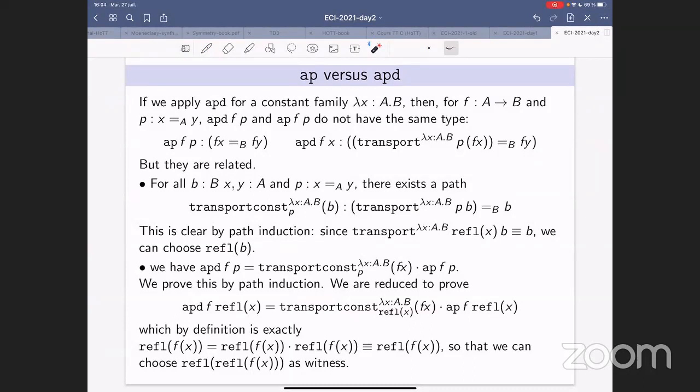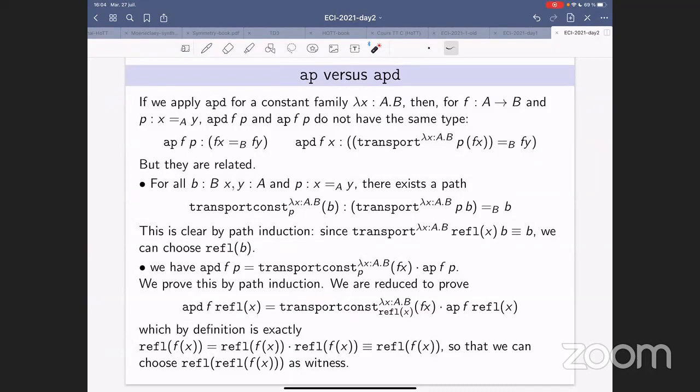Suppose that I have an F from A to B. Before defining transport, before defining app D, remember that I defined app, and the type of app was defined like this.